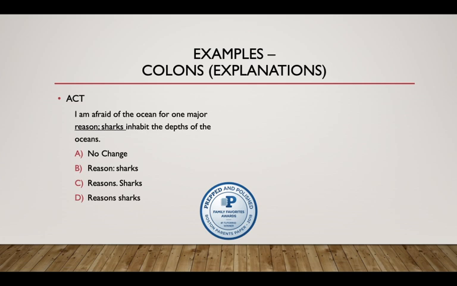So if I'm looking at this, I'm afraid of the ocean for one major reason. Well, I have my subject, I have my conjugated verb, I have the structure of the sentence. Great. What comes after? Well, I have a semicolon. Okay. I have a colon. I have a period.